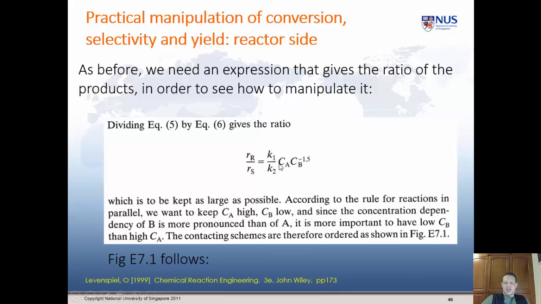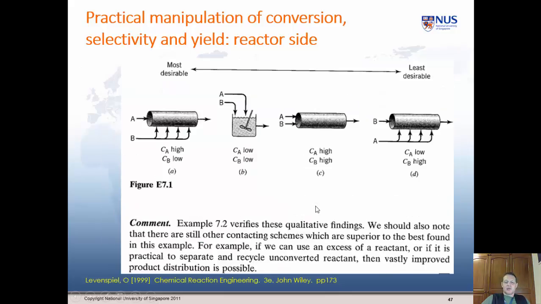So the type of model you would want to use for this, you either have A going through in a plug flow reactor with B being added at a lower rate, or you could start with a beaker full of A and put B in slowly. That would be equally good.